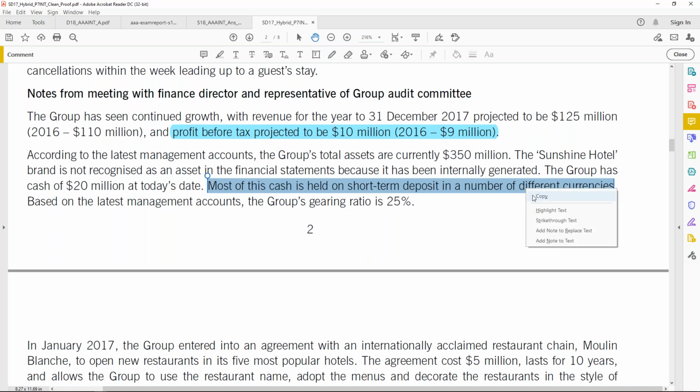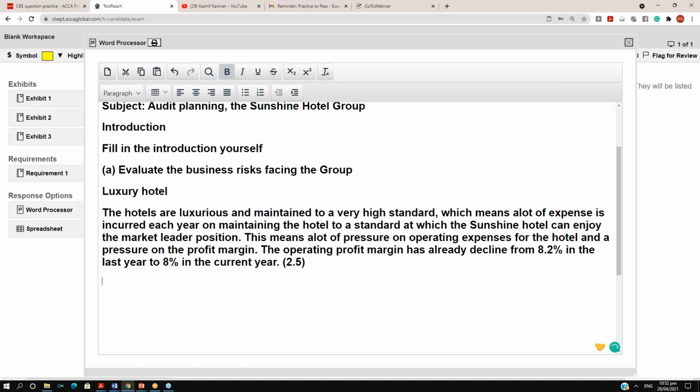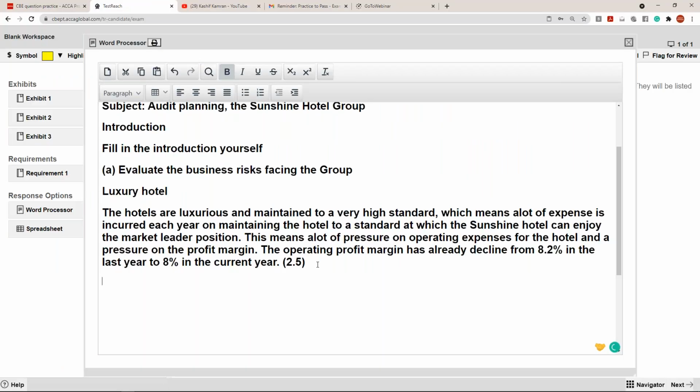So I'll take this point, copy it, and take it to my word processor, and I put my point over here, Control V. I put a heading on top, increasing the heading size to heading 2, cash balance.